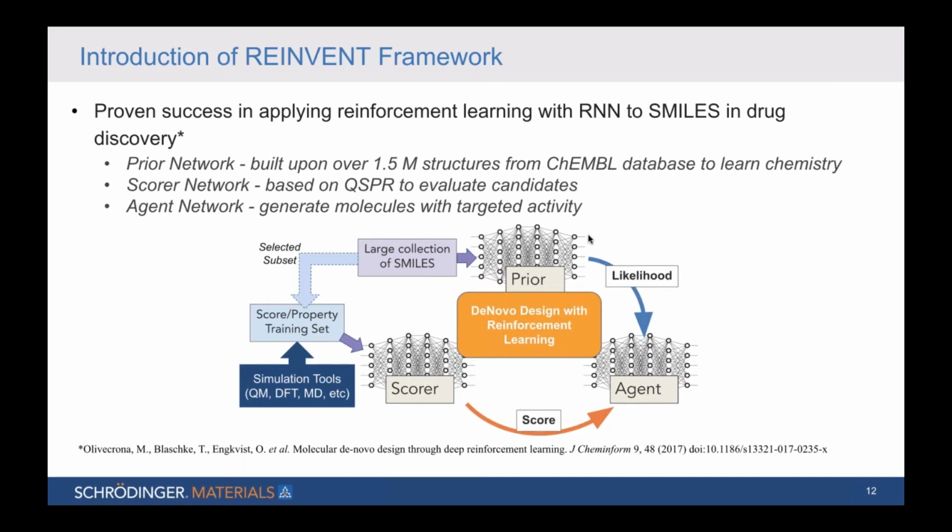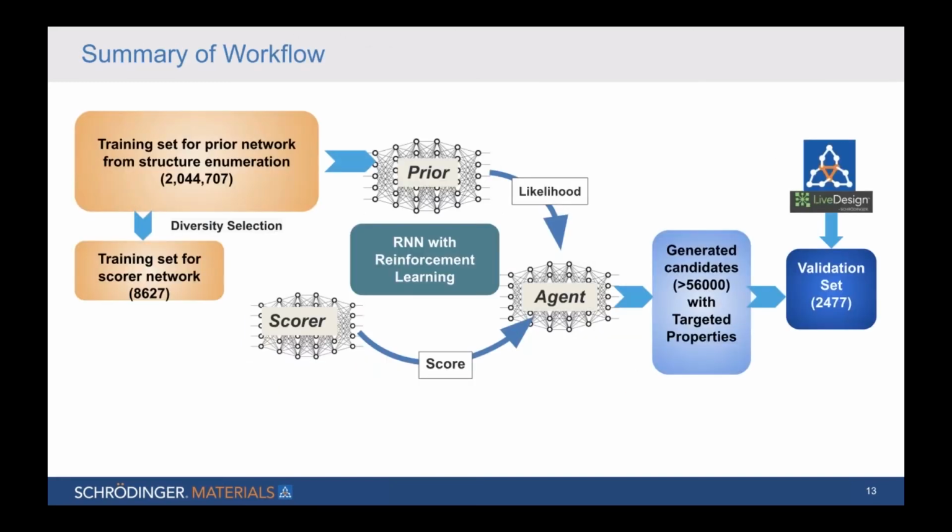Now, with both the chemical space and the scorer training, the agent network is able to generate molecular structures in the chemical space with the targeted property. As you can see, this workflow has a lot of potential to be adapted outside drug discovery by learning different chemical spaces and different property scorer networks. And that's basically what we did in our study.